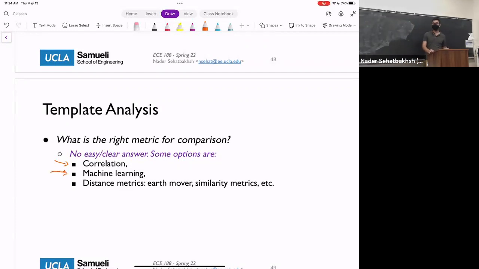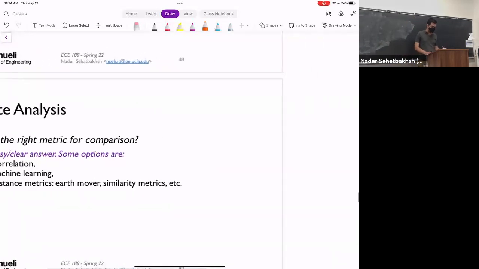Machine learning in general, so instead of actually comparing 2 signals and using some sort of signal processing metric, what you can do is train your system using machine learning. For example, I'm using a CNN, a convolutional neural network. I'm going to have a list of labels of x and f of x, and I'm going to feed the signal into this machine and label it with x1, x2, x3, and so on.